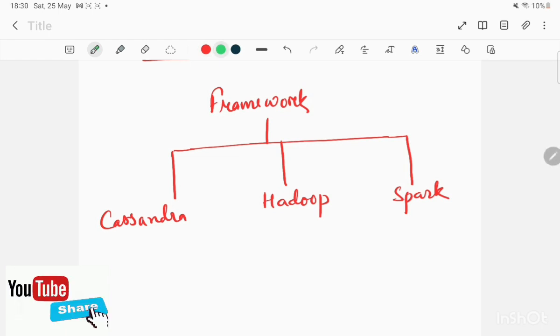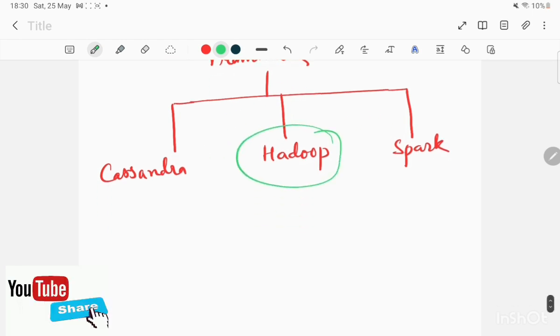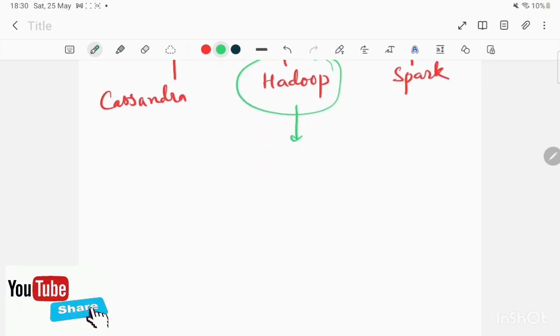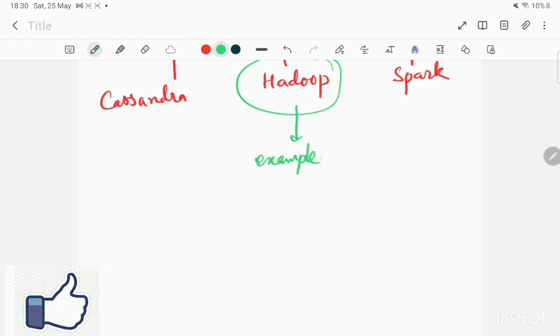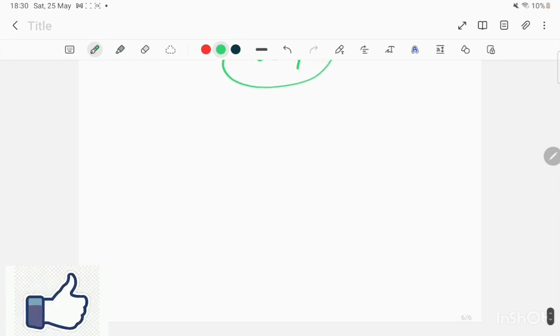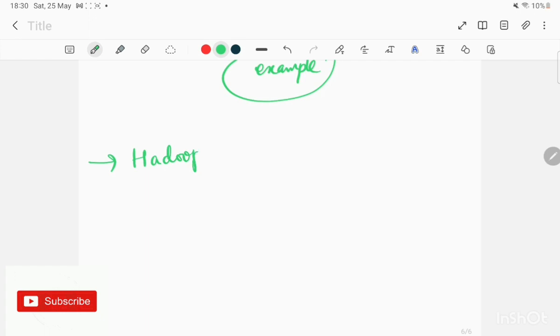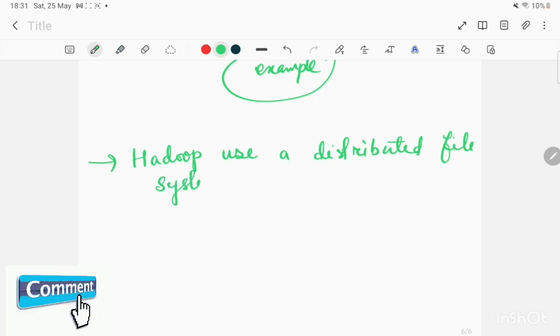In this particular lecture, I will be discussing Hadoop. So we will take Hadoop as an example, and let's see how Hadoop can store and process big data. Here our working example is Hadoop. What Hadoop does is basically use a distributed file system.